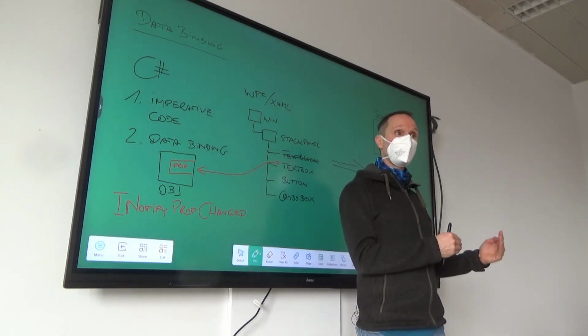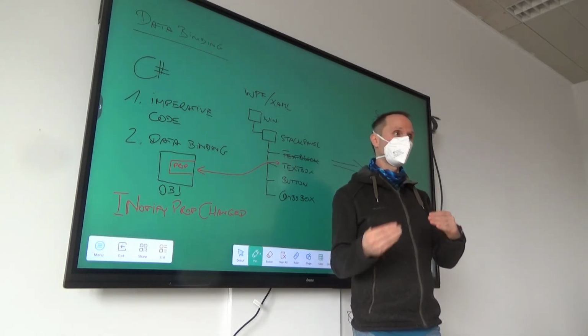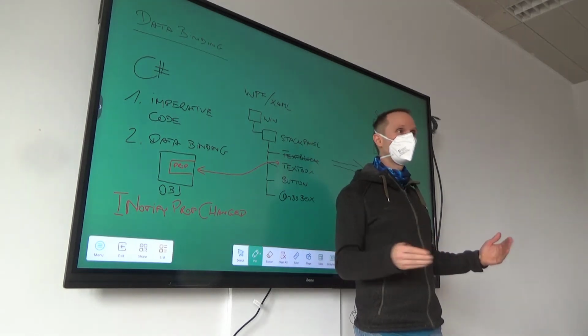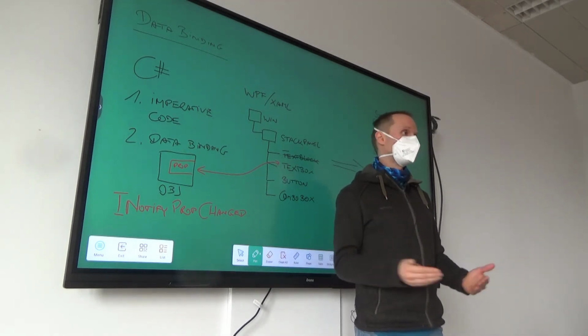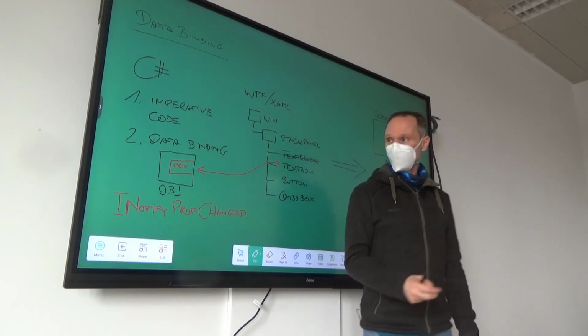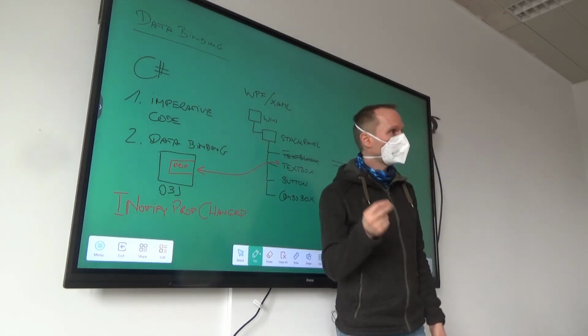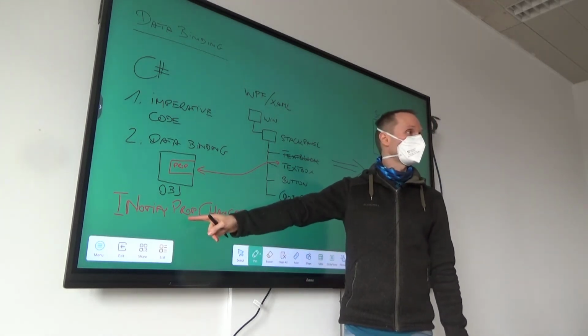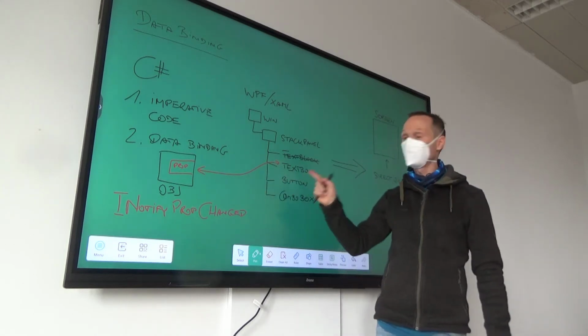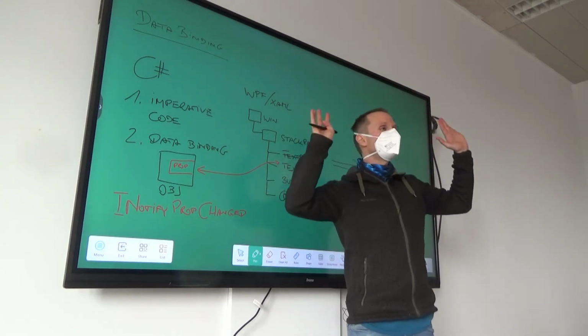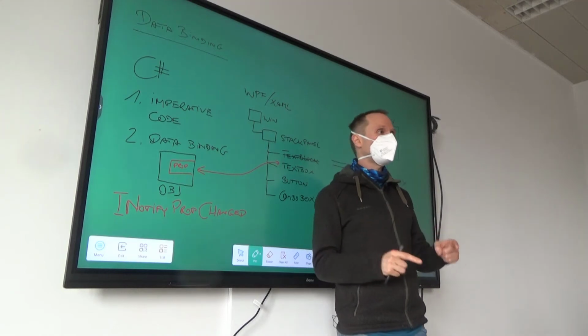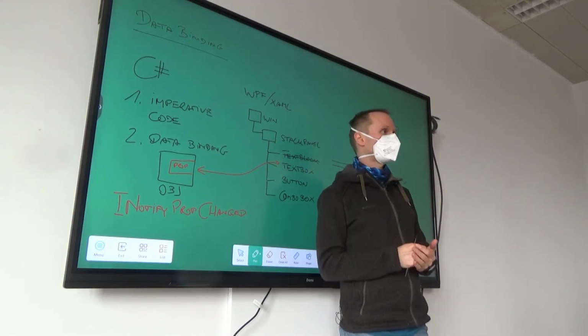And if something has changed, it would need to update the screen or the logical tree. And that would be what? Horribly inefficient. Therefore, it becomes fast and efficient by having this interface, because this interface actively tells WPF property changed and tells WPF the name of the property that has changed. We'll take a look at that in a second in code.